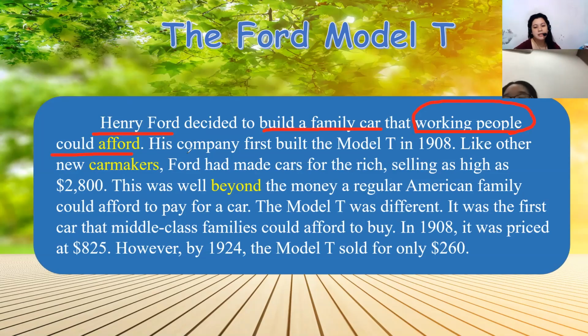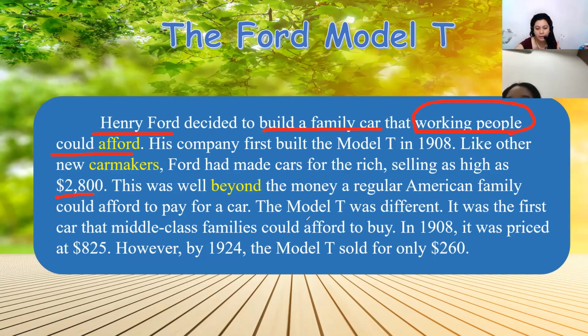His company first built the Model T in 1908. Like other new car makers, Ford had made cars for the rich. They sold it at around $2,800, as high as that price, and this is well beyond the money a regular American family could afford to pay for a car. So that's the car for the rich.